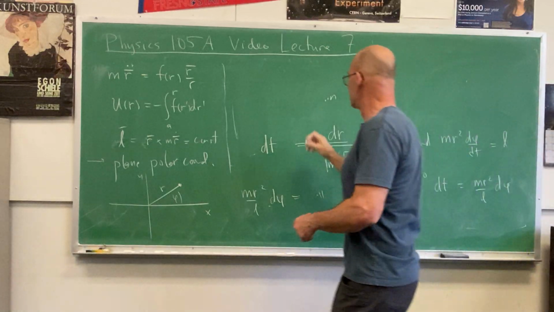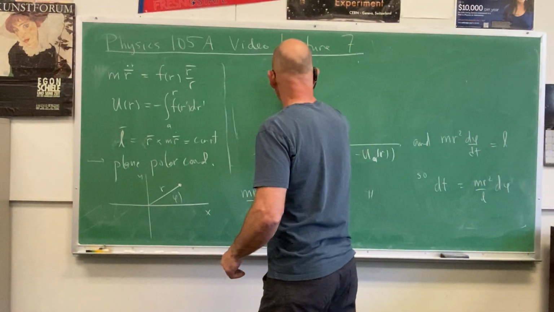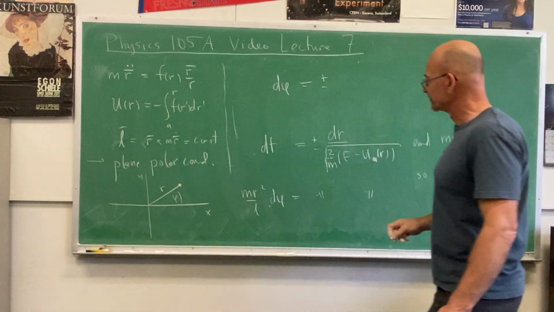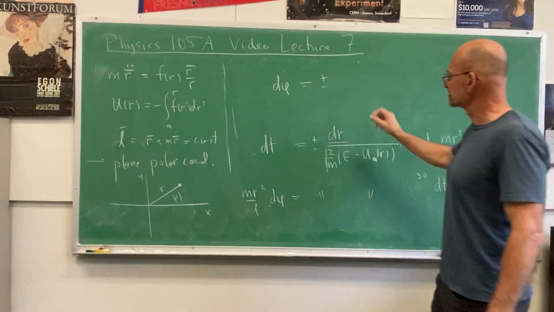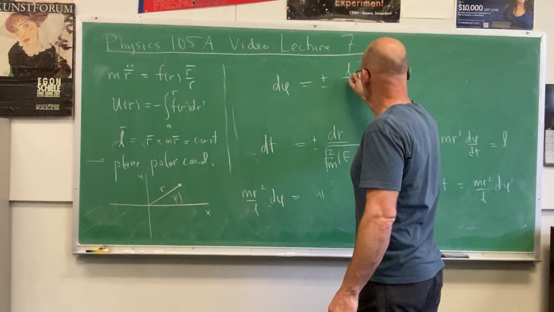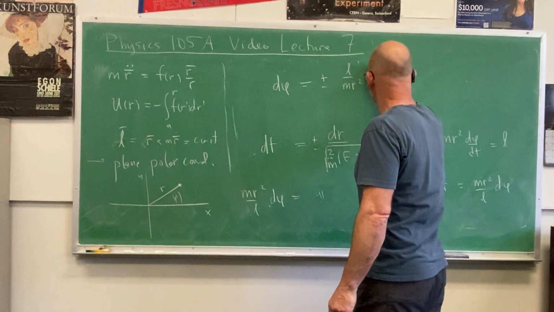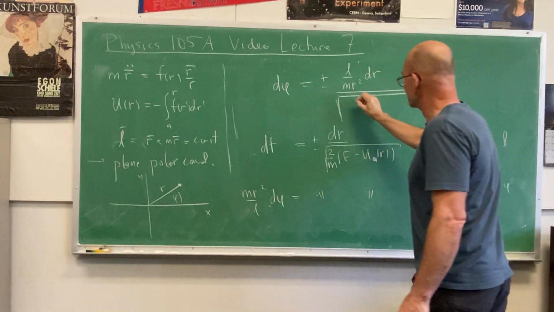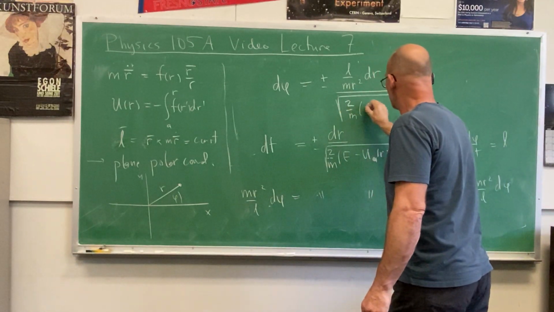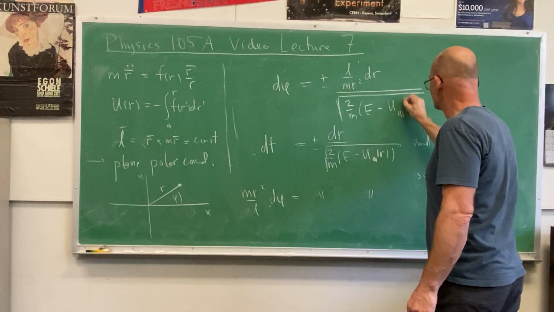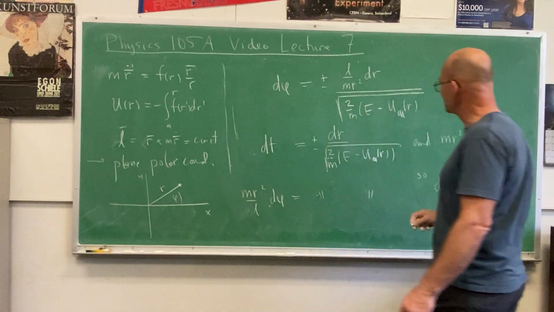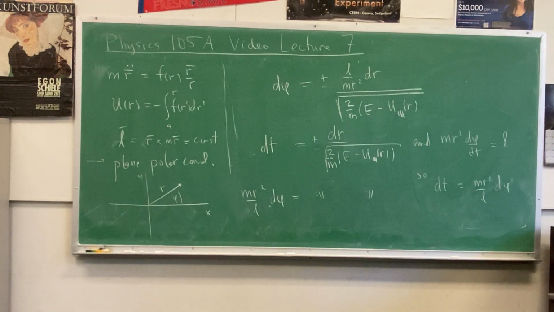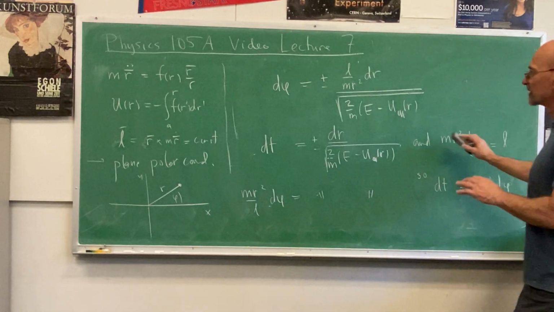So now we would have d phi equals, still with a plus minus, L over m r squared dr, all divided by our denominator here, the square root of 2/m (E minus u effective of r).